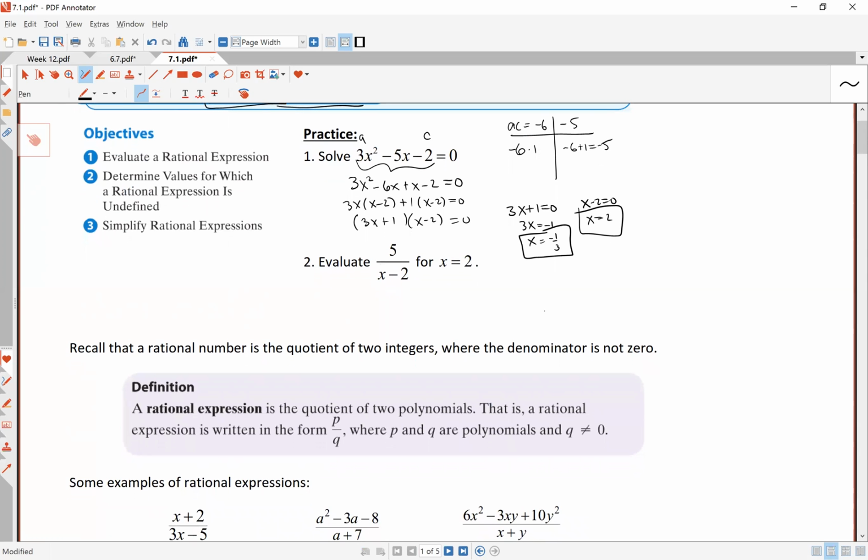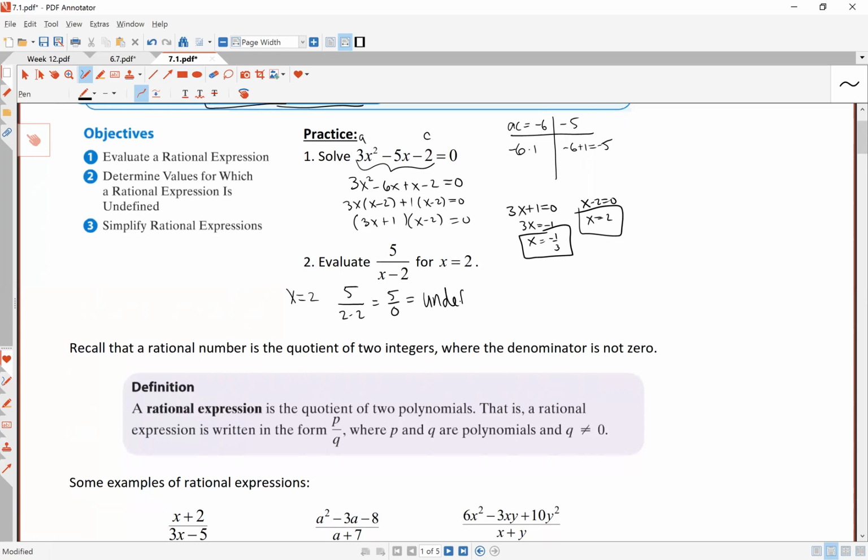Now the next idea that goes along with this stuff is if you pick a certain value, when you plug it in and you end up with 0 in the denominator, taking something and dividing it into 0 pieces doesn't make any sense. Or taking $5 and dividing it by 5 people doesn't make any sense.